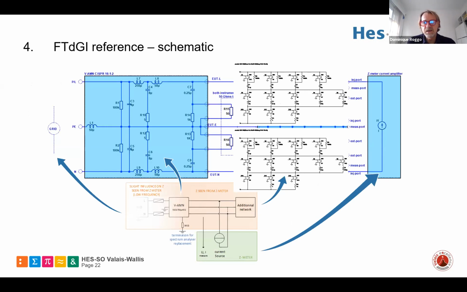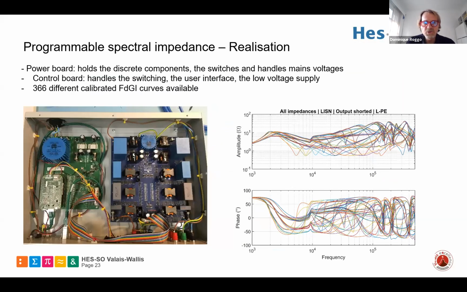Detailed schematics are here for those who have interest. You can see all these different resonance circuits that can be controlled and put in parallel to the circuit or not. This gives a huge amount of different curves, and they were all calibrated step by step by Metas. It's their core competence to calibrate those devices.